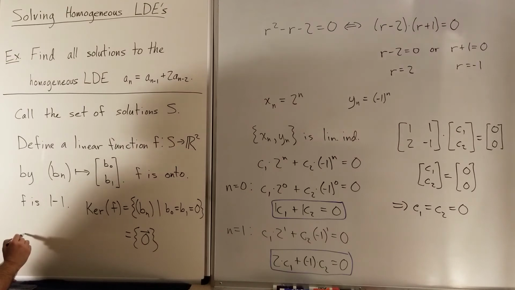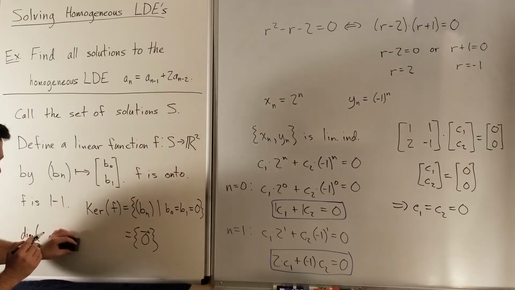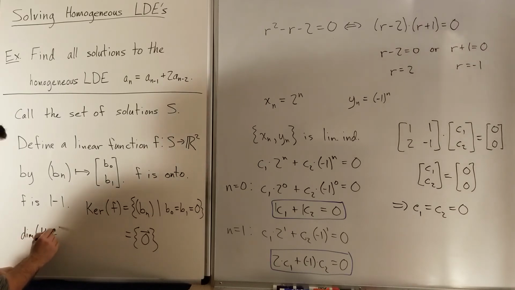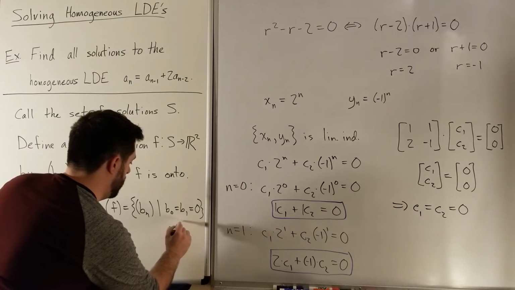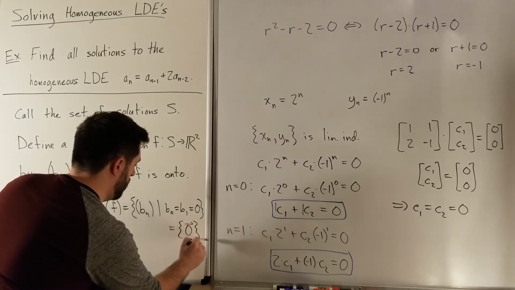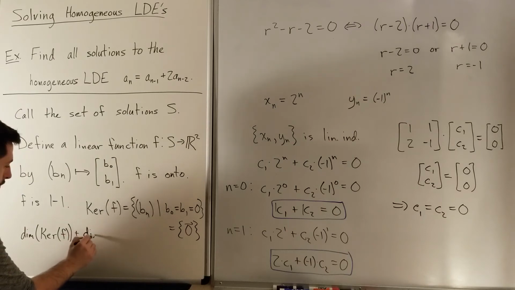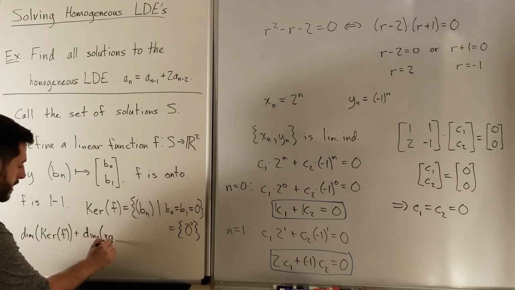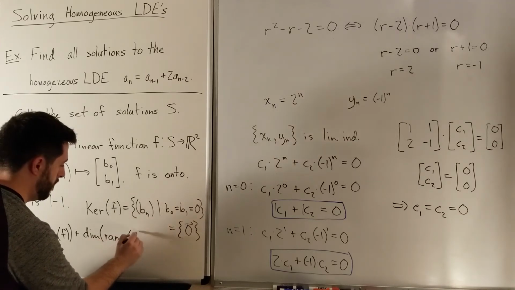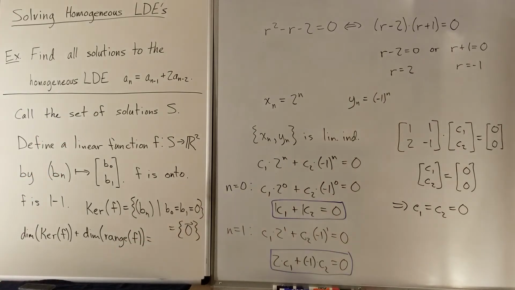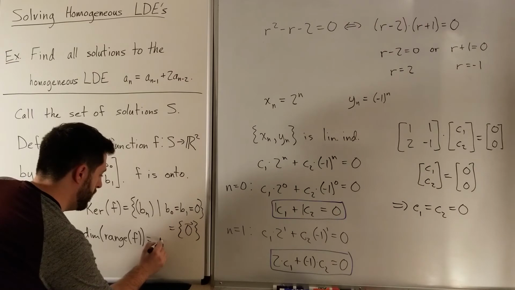Okay, so remember the rank nullity theorem says the dimension of the null space, I'm going to write that as the kernel, of a transformation, plus the dimension of the column space, which is known as the range, is equal to the dimension of S, the dimension of the domain.